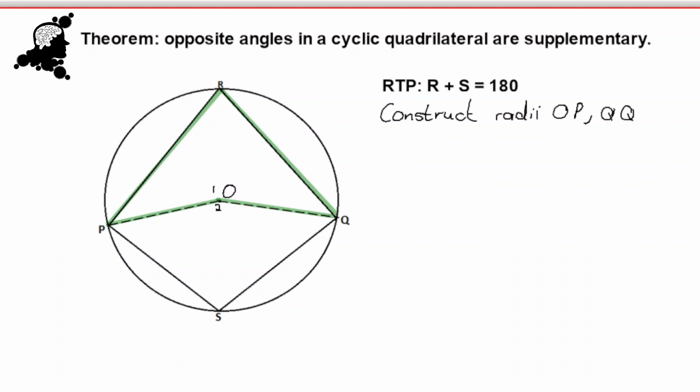If you have watched our videos from the beginning of the series, you would see that angle O2 is going to be 2 times angle R. The reason for this is that the angle at the center of the circle is twice the angle at the circumference of the circle. Awesome. So this is the first part of the proof.